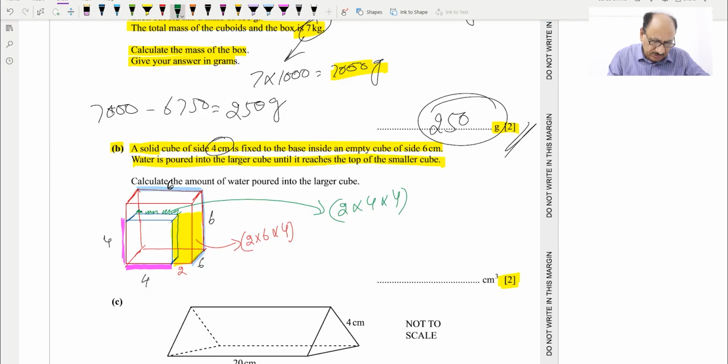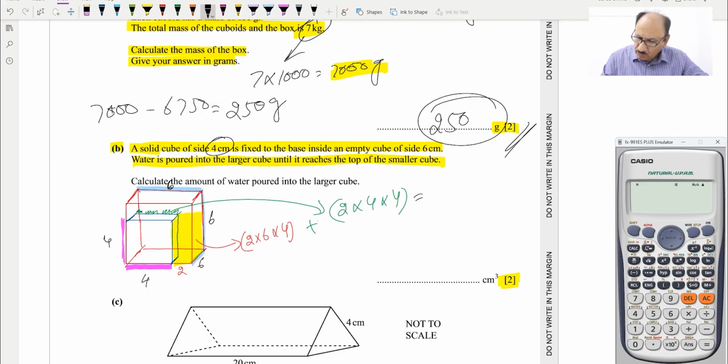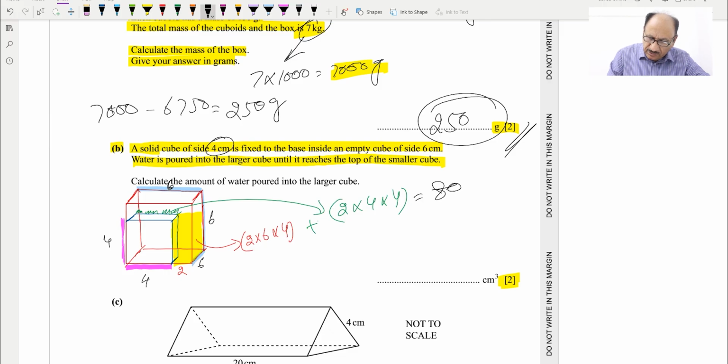Hopefully you understand this, because this is a smaller cuboid fixed into a bigger cuboid. So these two measurements we have to add: 2 into 6 into 4 plus 2 into 4 into 4. These two will be the additional sides, and this gives us 80. So 80 centimeter cube will be our final answer for 2 marks.